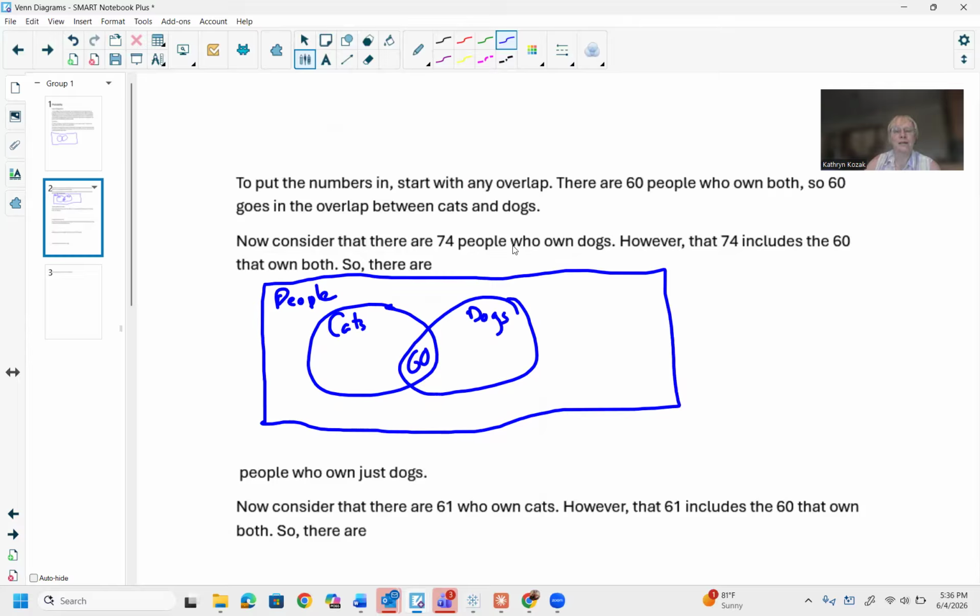Now consider there are 74 people who own dogs. However, 74 includes the 60 who own both. So there are actually 74 minus 60 equals 14 people who own just dogs.